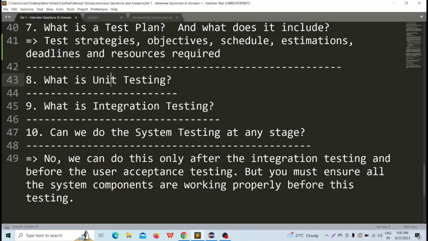We integrate our modules logically, and we test all those things as a group. So integration testing is a type of software testing where the software modules are integrated logically and tested as a group. That is called integration testing.